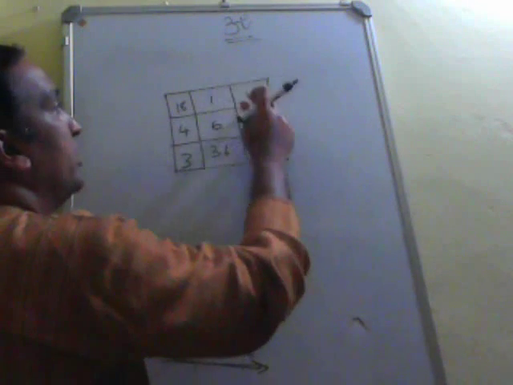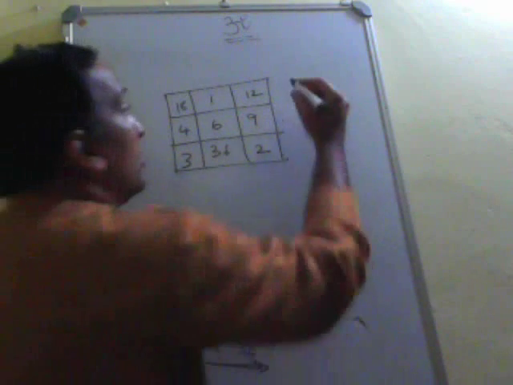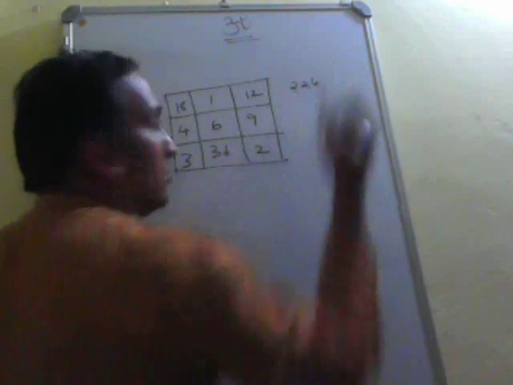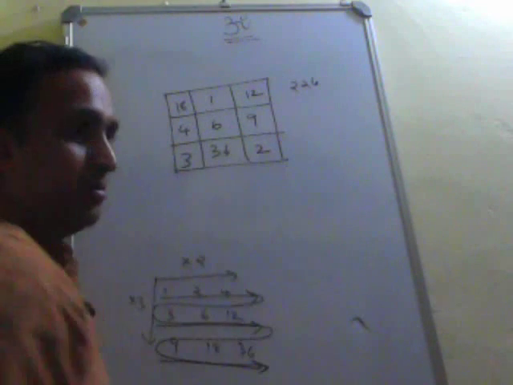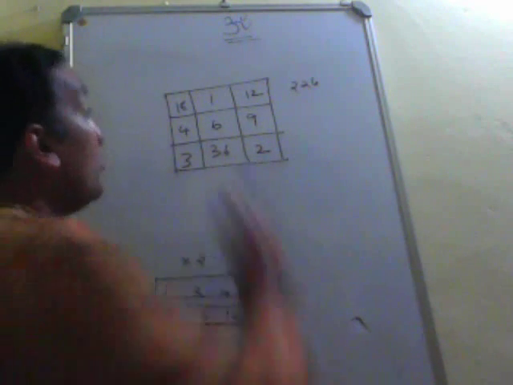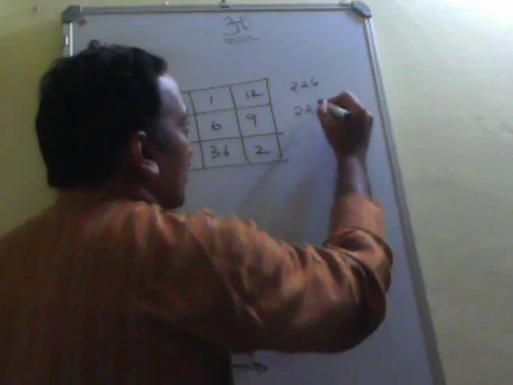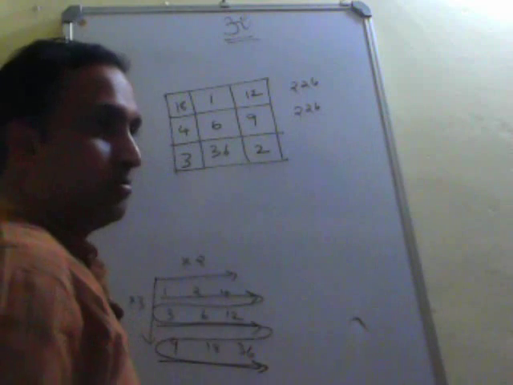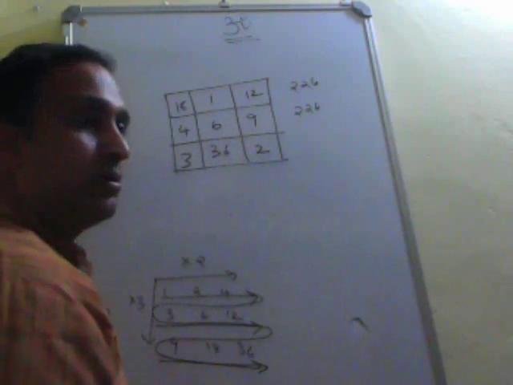These 9 numbers in this order you put, and then you multiply this. 18 ones are 18, 18 12s are 216. 24 into 9, 216. 36 into 3, 216.